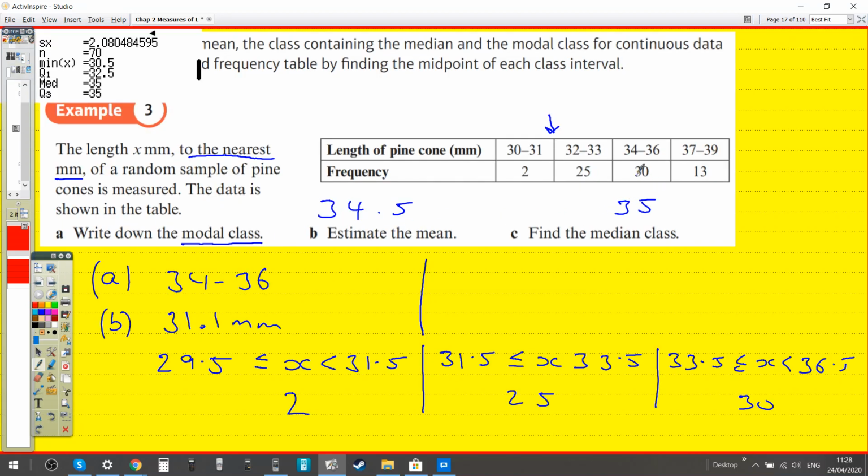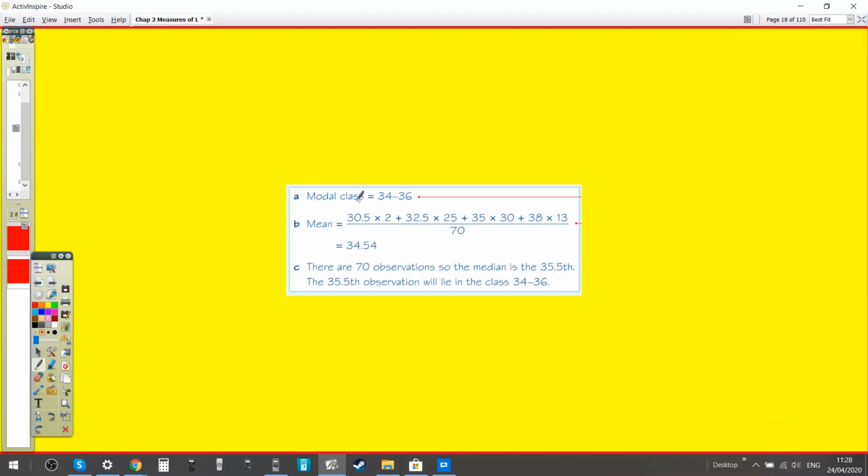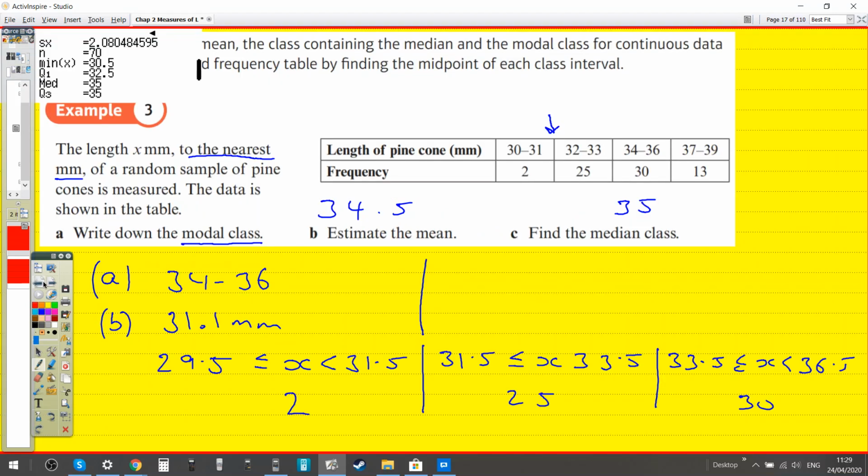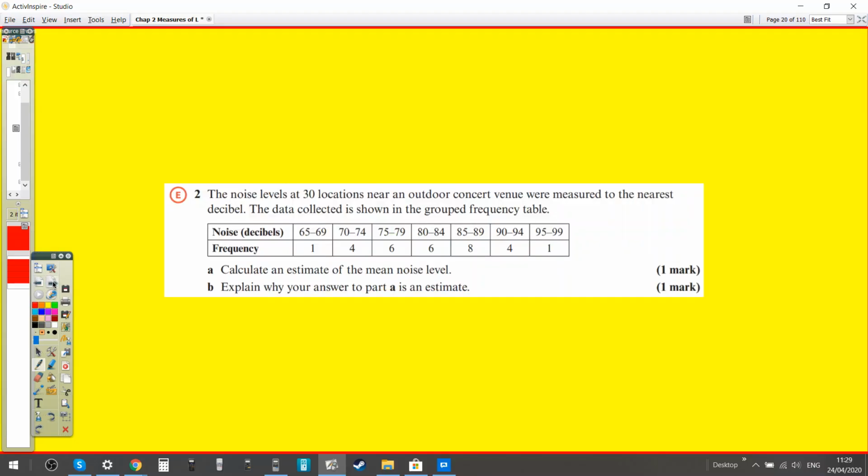I suppose they're just giving it as this: the mean is 34.5, and the median is in the class of 34 to 36, and so we're just saying that as 35. That's okay. It's not what I thought it would be. This one's going to be fine.